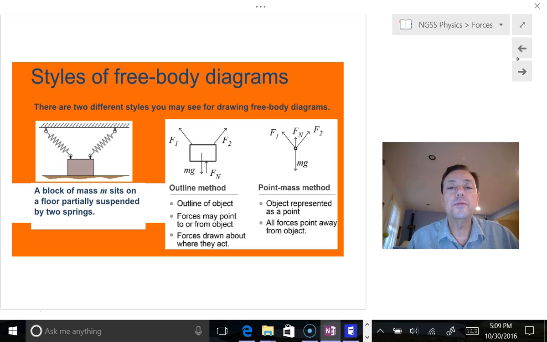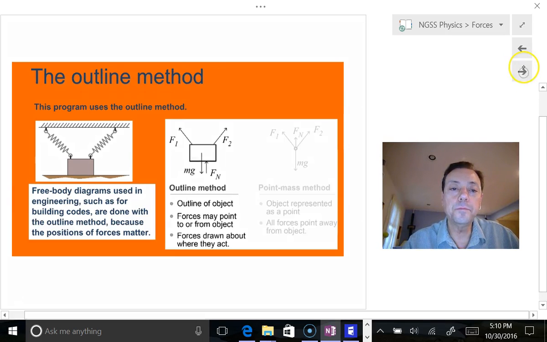A point mass method, the object is represented as a point. All forces point away from the object. Both of these are correct. Some of them have advantages and some have disadvantages depending on what you're doing. Let's get into that a little bit.